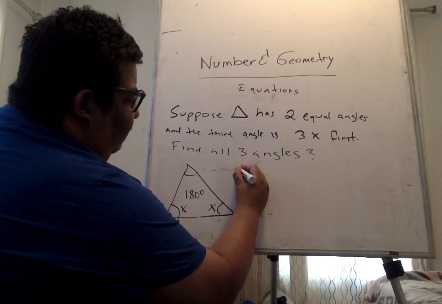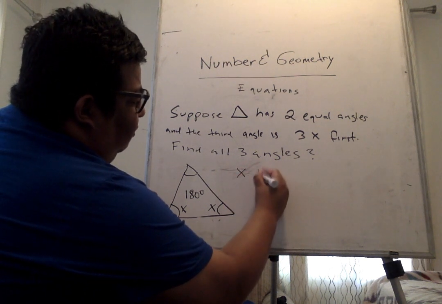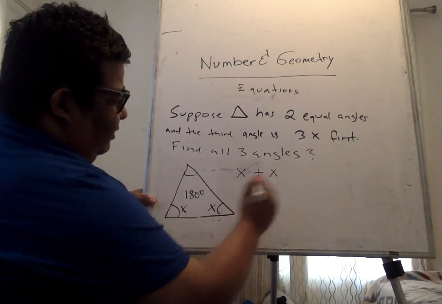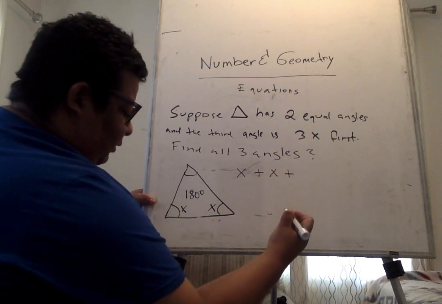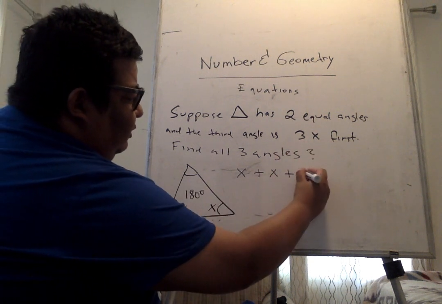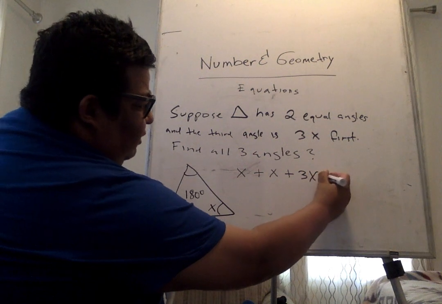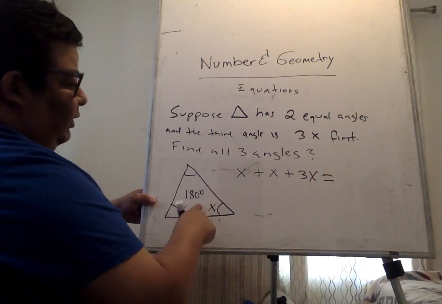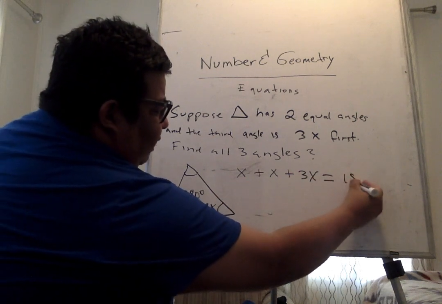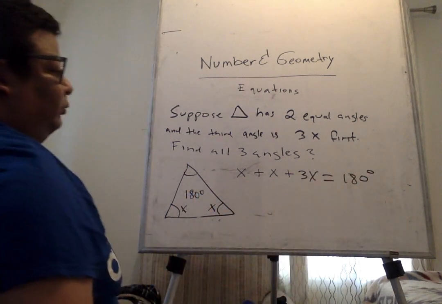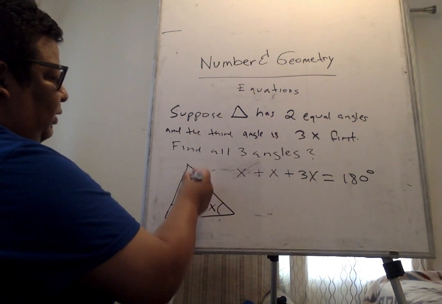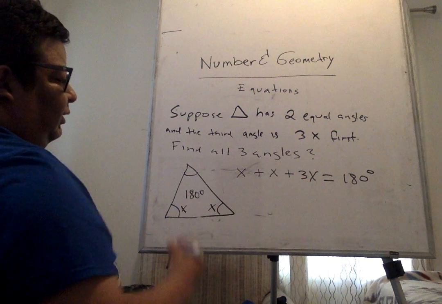The first angle plus the second angle, which is x, so x plus x, plus the third angle, which is 3 times the first, so 3 times x, equals 180 degrees. Now we can solve this equation, find x, and then do a little calculation to find the third angle.